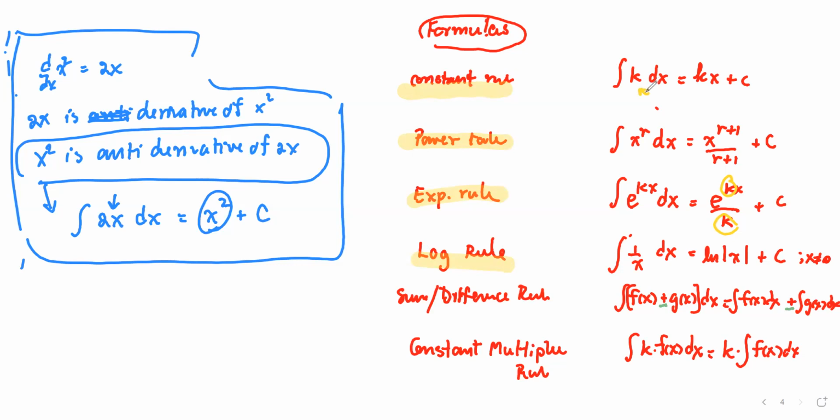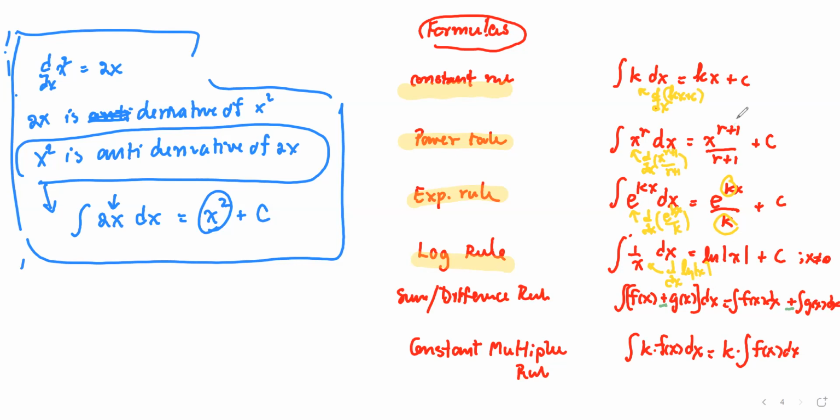The k here is from the derivative of kx plus c. And the x to the power r here is the derivative of x to the r plus 1 divided by r plus 1. The e to the kx is the derivative of e to the kx divided by k. The 1 over x is the derivative of the natural log absolute value of x. Okay, so you go backward, backward, backward.